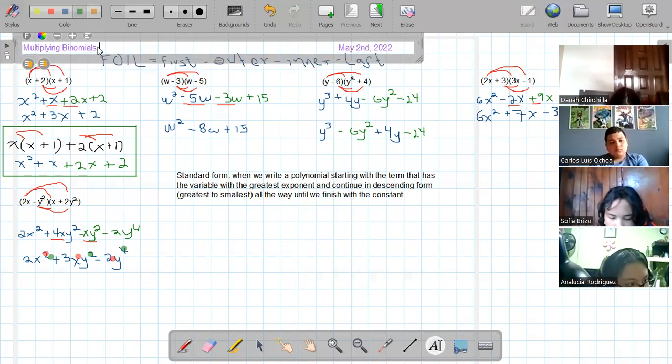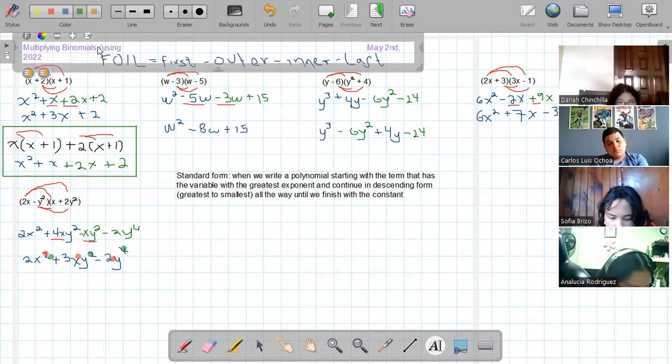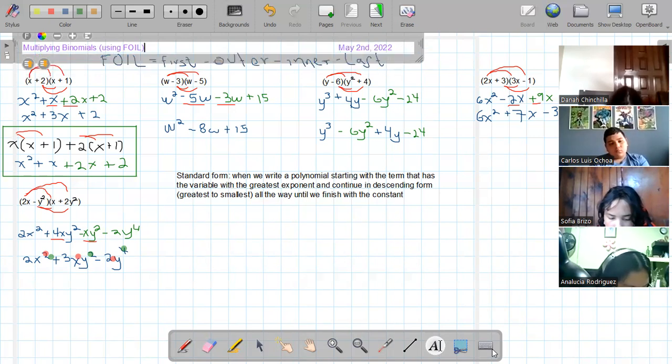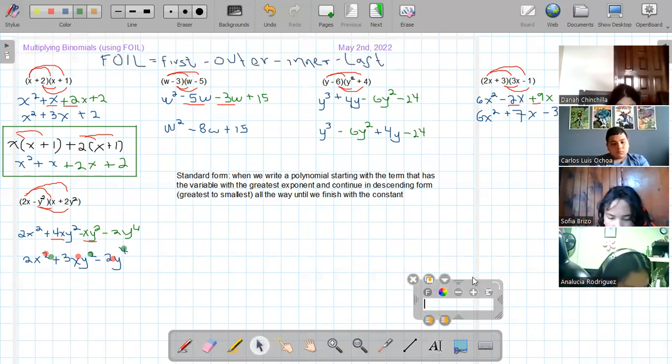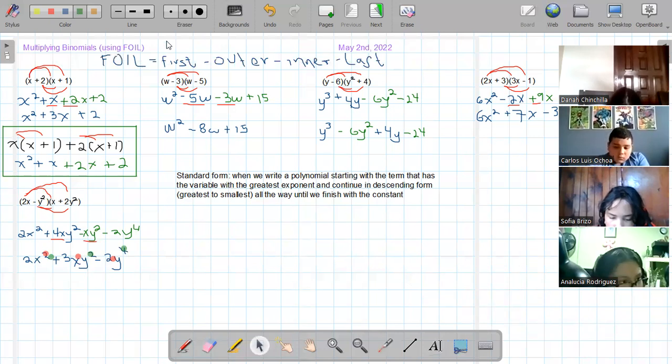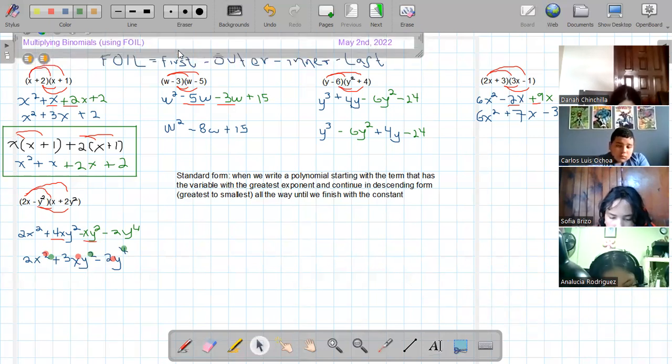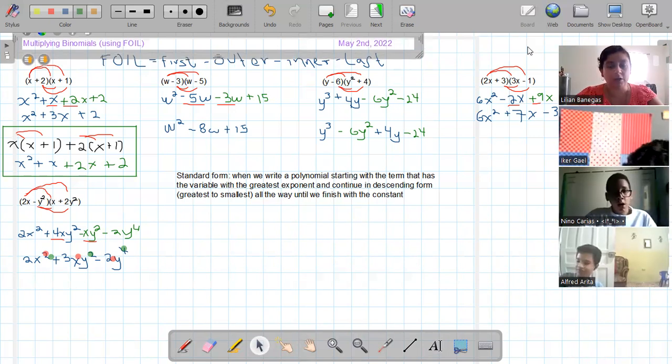We can place that, very good. That's okay, we can place it because that's true. We multiplied a binomial using FOIL. Okay, so that would be today's topic. Questions so far? No questions? We're good? Okay then, this is today's topic.